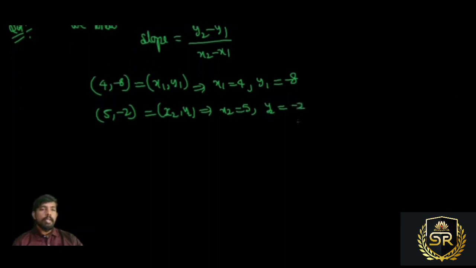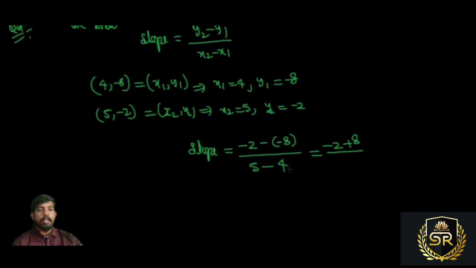So the slope is equal to y2 minus y1: y2 is minus 2 minus y1, which is minus 8, by x2 minus x1, 5 minus 4. So minus 2 minus minus 8, that is minus 2 plus 8, by 5 minus 4 is 1. There is no need of writing by 1.